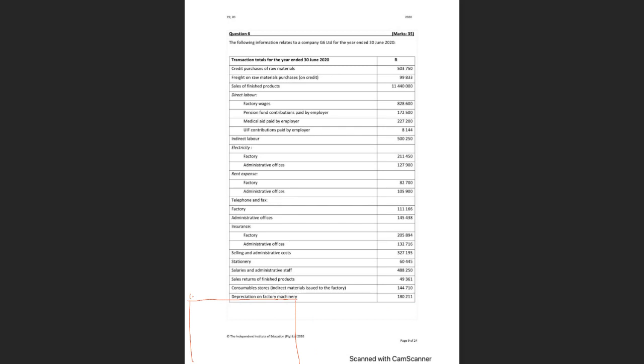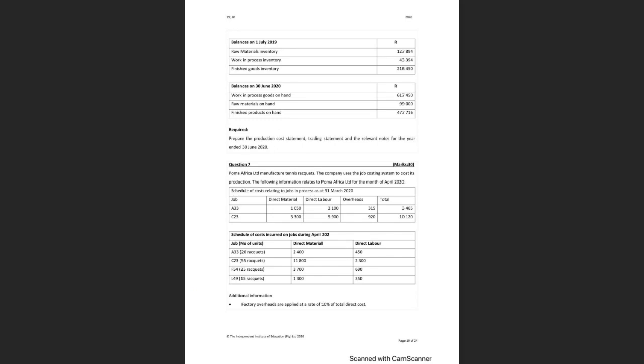So you label it direct material note. Please write out the full words. Then you will start off with your opening inventory or your opening balance. And this is from the next page at the top, raw material inventory 127,894.